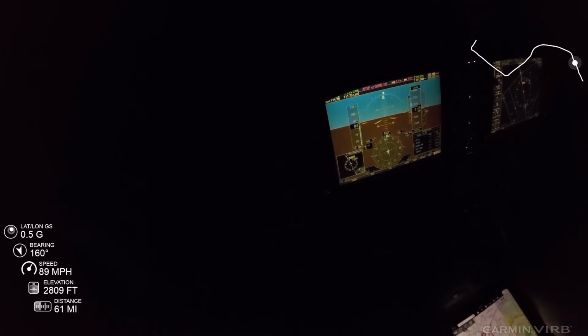Alright, so I'm holding 182. And the glide slope is a little bit below us, so faster. Right, that looks good.